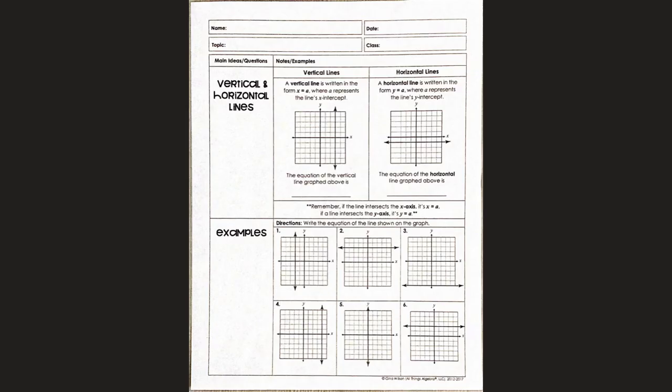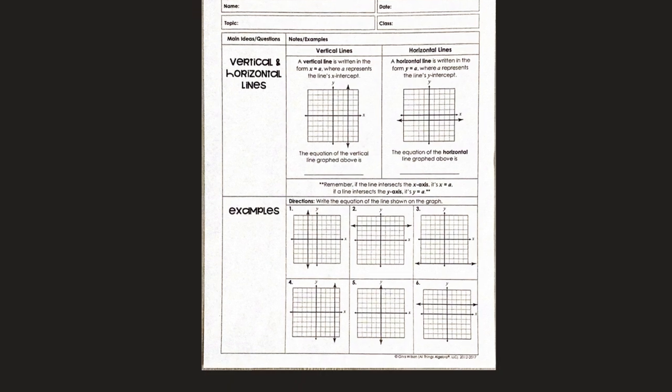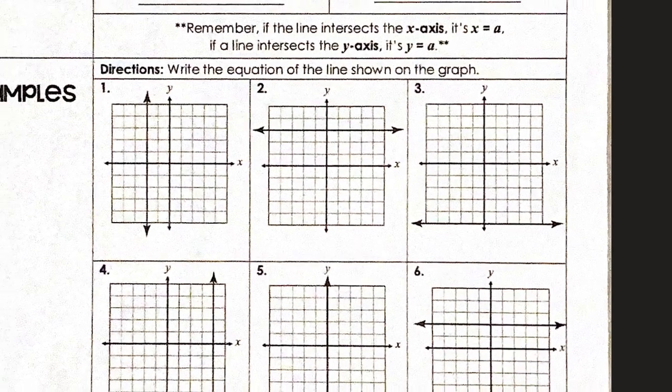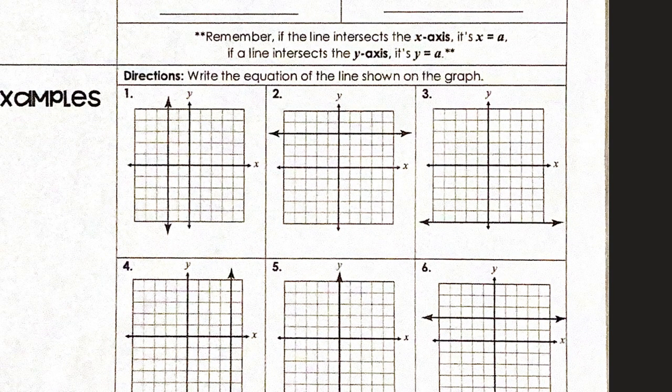Okay? All right, so here's what you're looking at for today. Pretty simple deal. Okay? First part of the assignment, 1 through 6, you're doing exactly what we just did, right? So like, take a look at number 1. Horizontal or vertical line? Vertical. It's a vertical line.